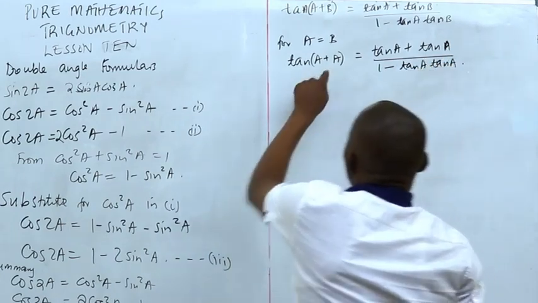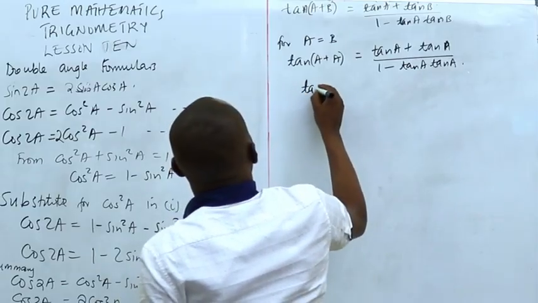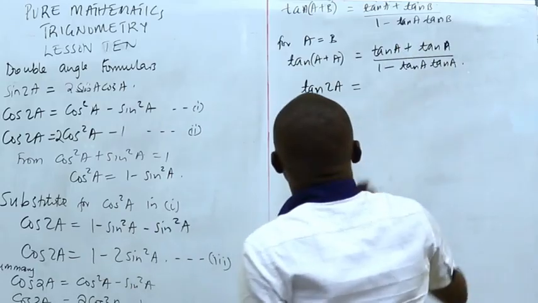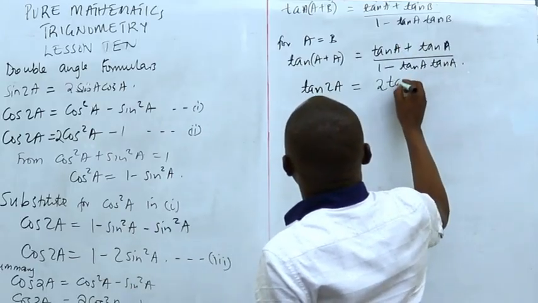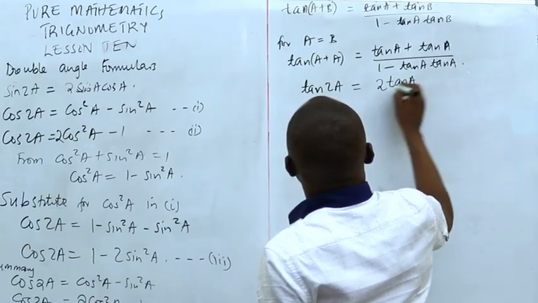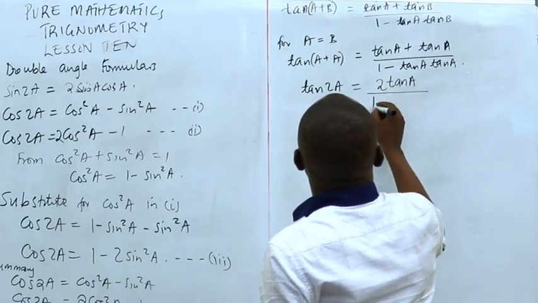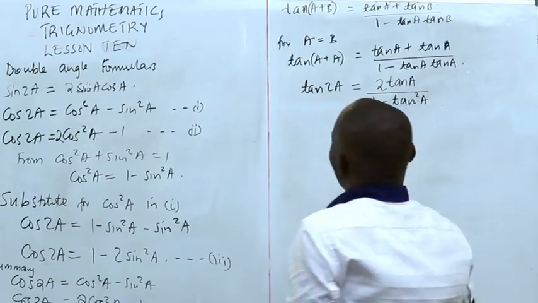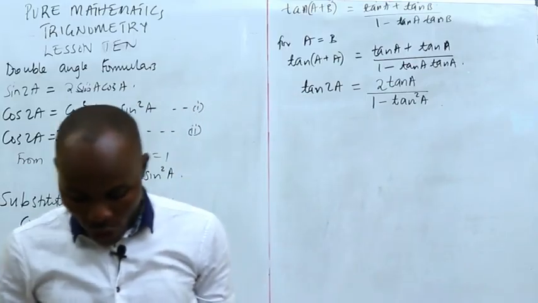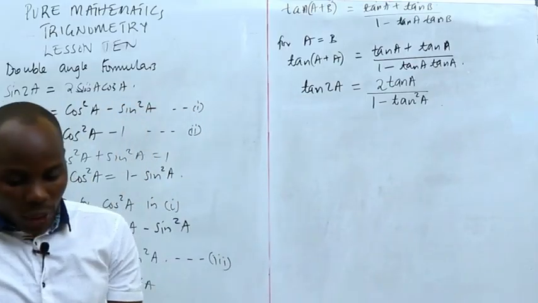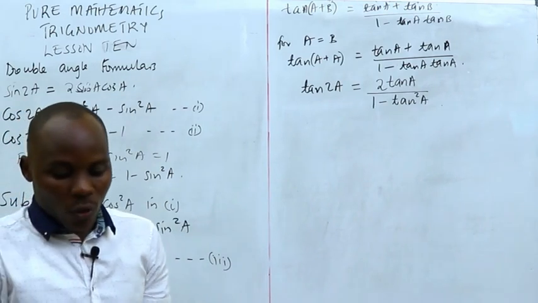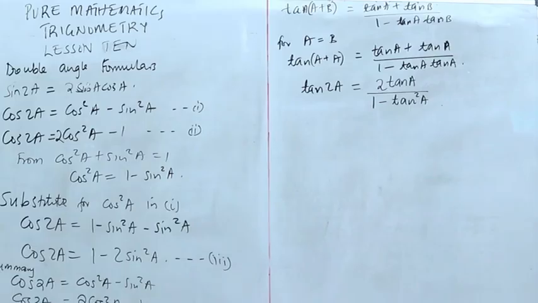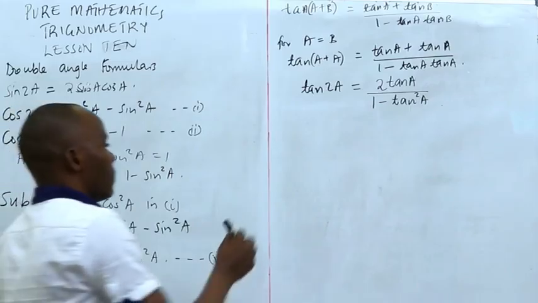When you add the same terms, you get tan 2a is equal to 2 tan a over 1 minus tan squared a. So we have tan 2a, sine 2a, and cos 2a. All of them, we have them.